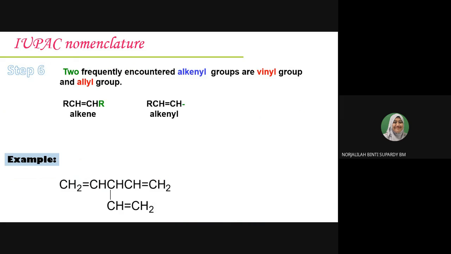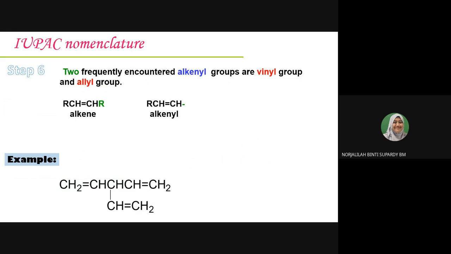All right. For step 6, if there is a substituent that consists of a carbon double bond, that is called an alkene group, which is vinyl and allyl.